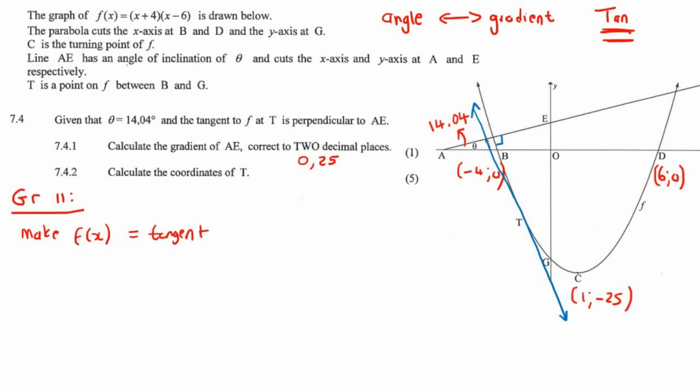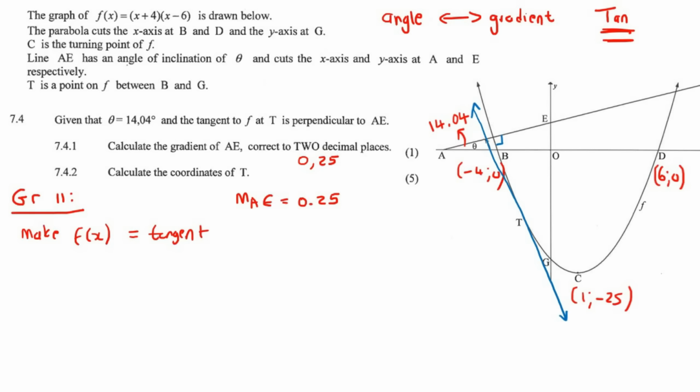Okay, but now we don't have the tangent's equation, but what we do know is the following. We know that the gradient of AE is equal to 0.25, right? They also told us that the tangent line and the line AE are perpendicular to one another. They are perpendicular.